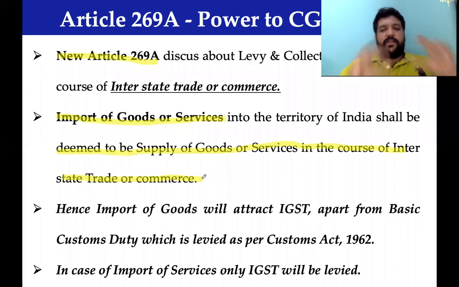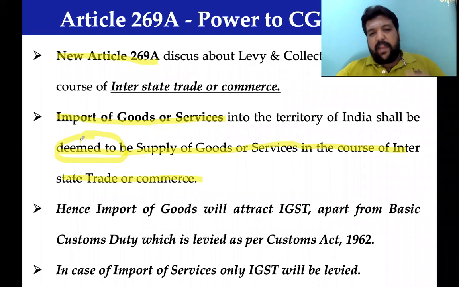Hope you can appreciate the highlighted portion. If a transaction happens between two countries, law creates a deeming fiction that it would be deemed to be a supply of goods or services in the course of interstate trade or commerce.